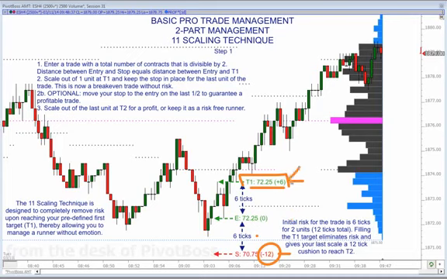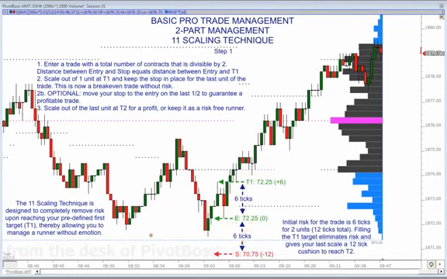Because by triggering this target and getting a +6 on it, you can keep your stop right down here at 70.75, which is a -6 ticks, but you just made 6 ticks. So you just canceled out this loss with this gain. So now your risk is 0, but you have to get that first scale first.